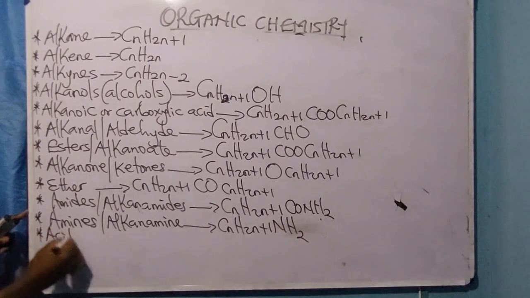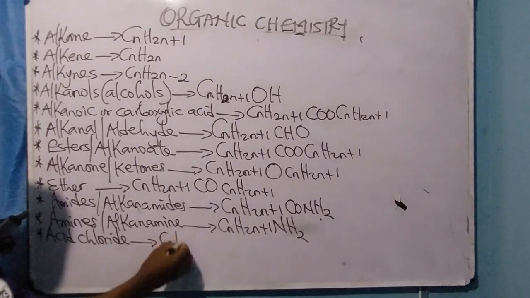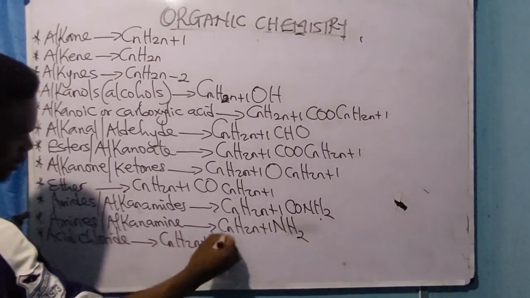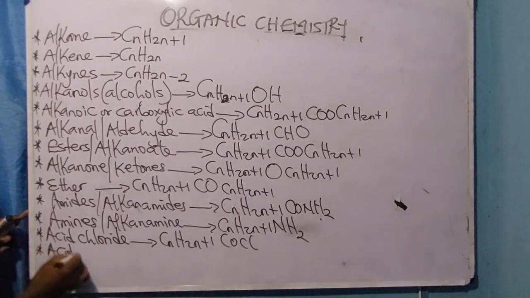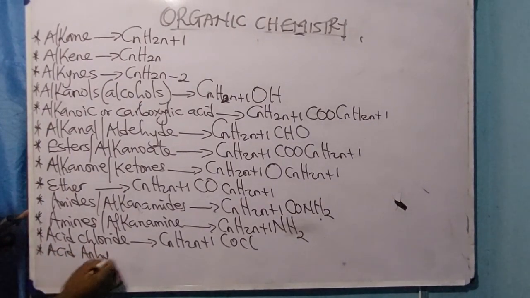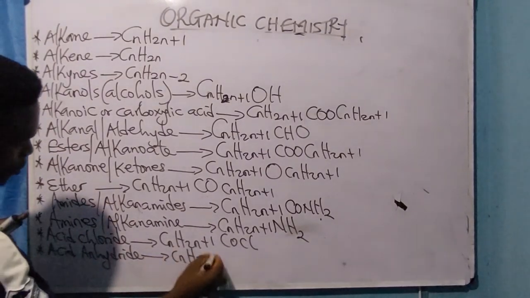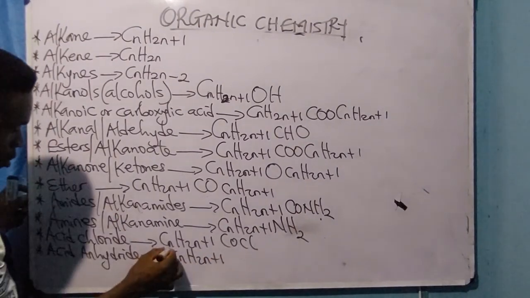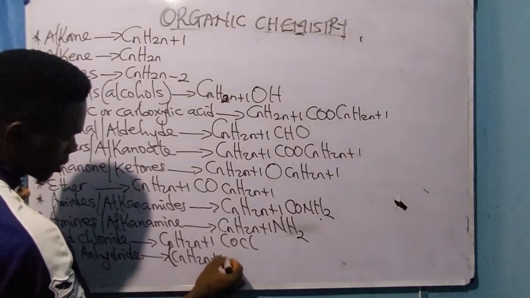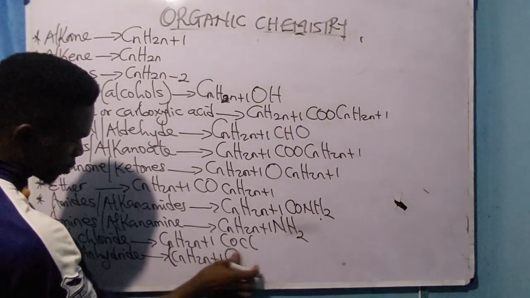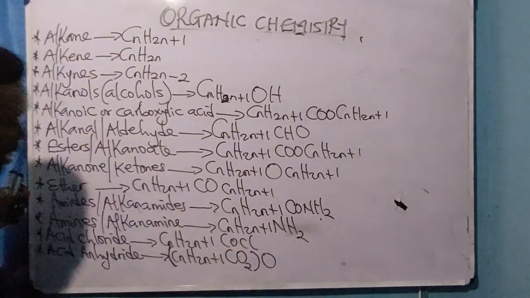You now have acid chloride, CnH2n+1COCl. Then acid anhydride, CnH2n+1CO, in brackets, then O, outside.